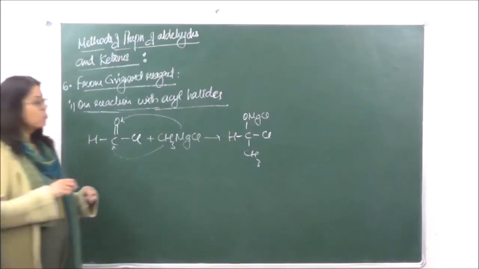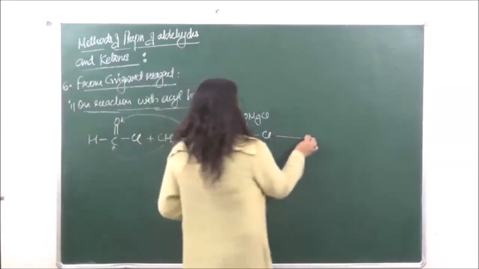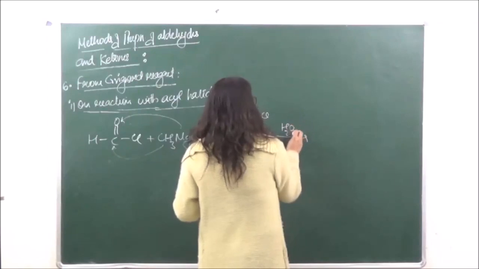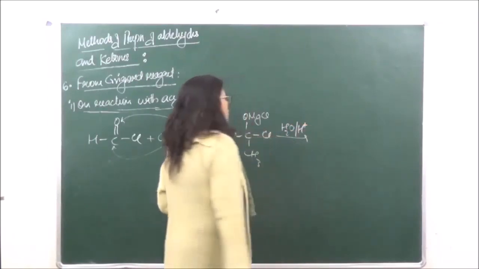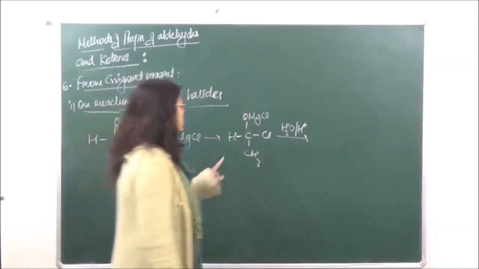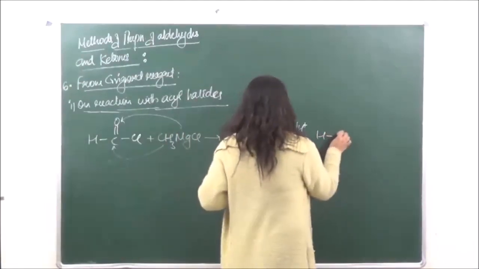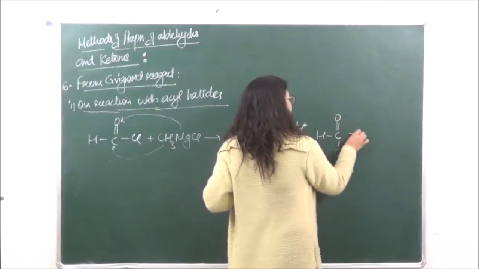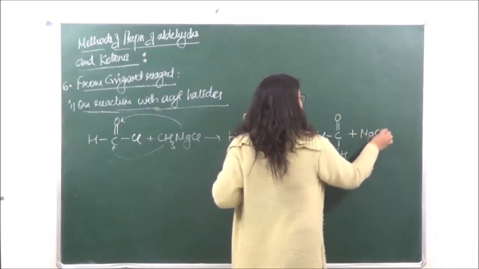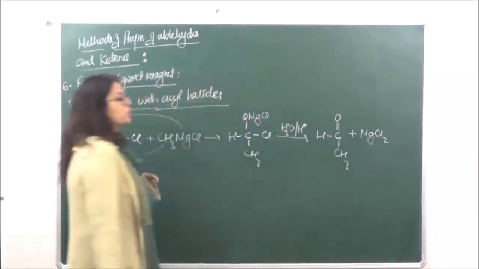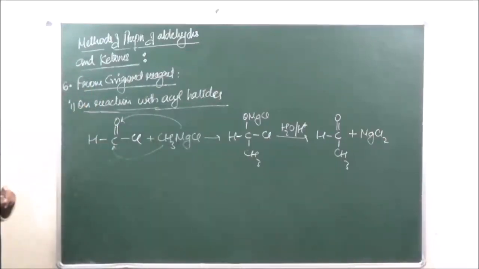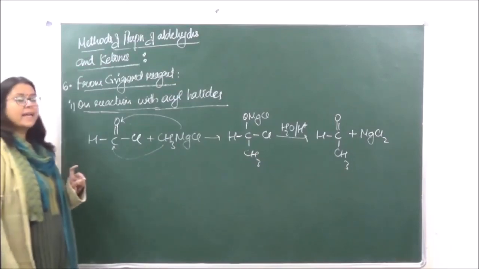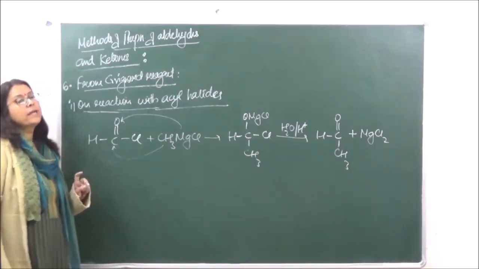Now when we do the hydrolysis of this in presence of H positive, this is going to give us HC CH3 double bond O plus MgCl2. So we're going to get an aldehyde. Okay, and if we're taking any other acyl halide than formyl, we are going to get a ketone.